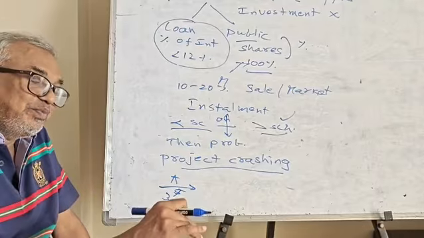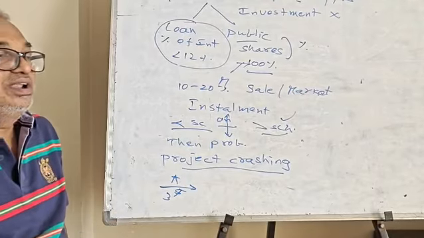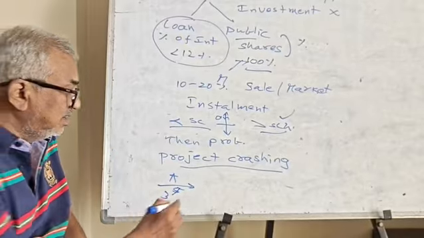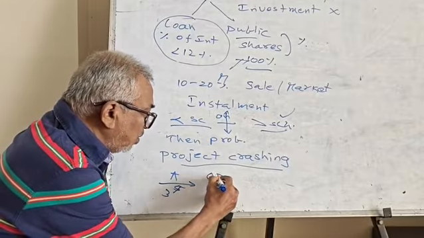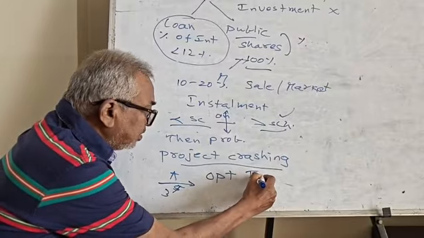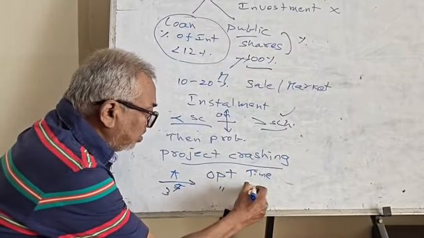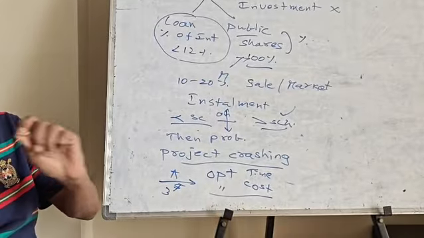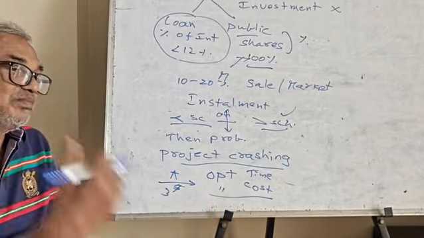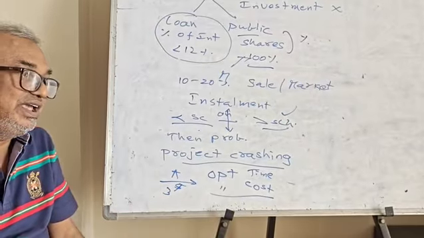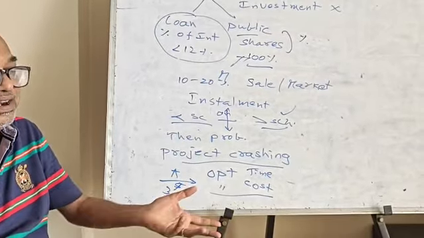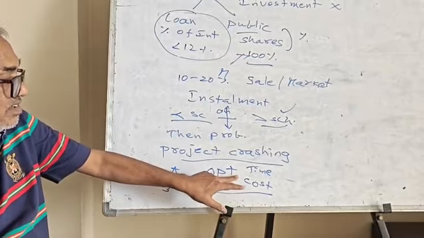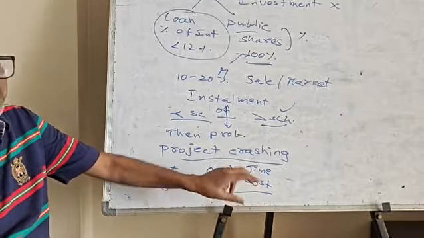So for every project, as per the rule, what we are supposed to do as planning engineers is calculate optimum time and optimum cost. Every project you take, whether a network project or bar chart project, any construction project, any mechanical project, any electronics project, will consist of optimum time and optimum cost.